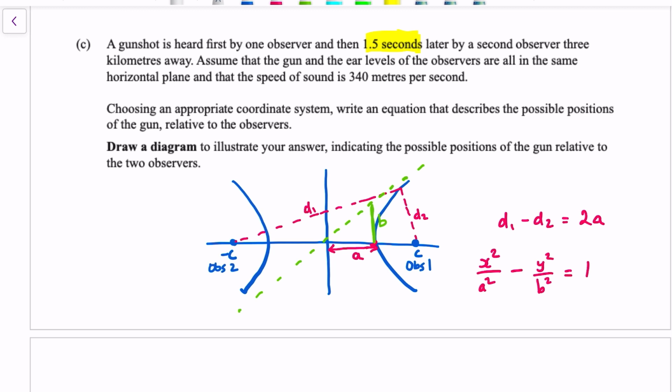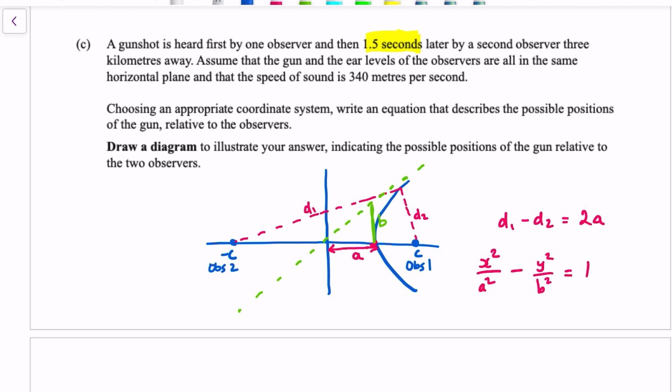We know possibly where it is, because it's going to be on the branch of the hyperbola closest to observer 1, because they hear it first. And the difference between those distances there is the distance that the sound of the gunshot travels in 1.5 seconds.